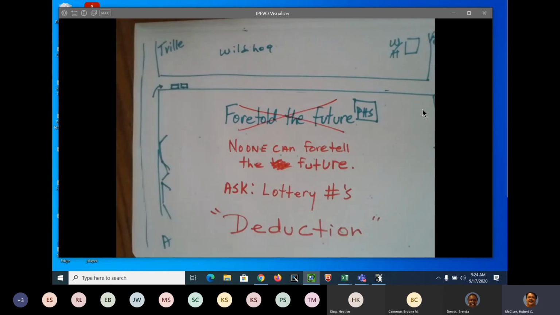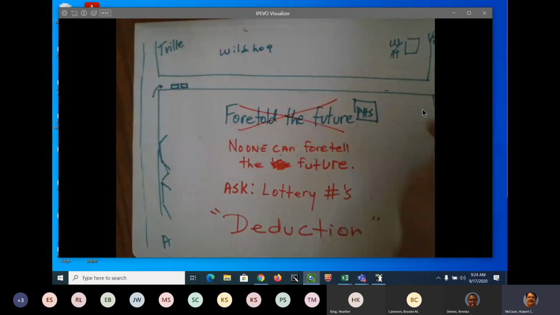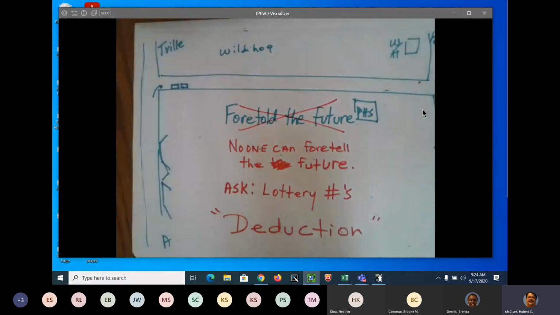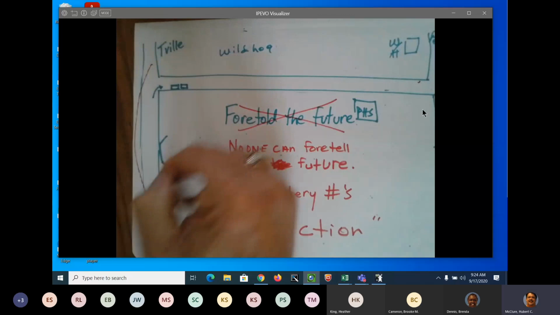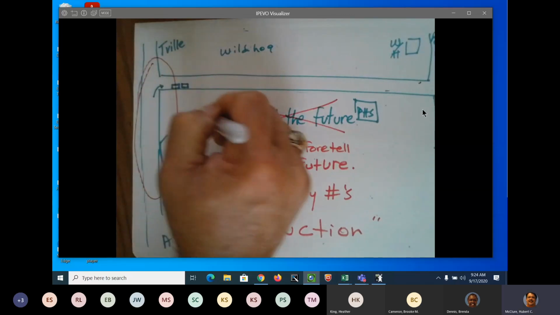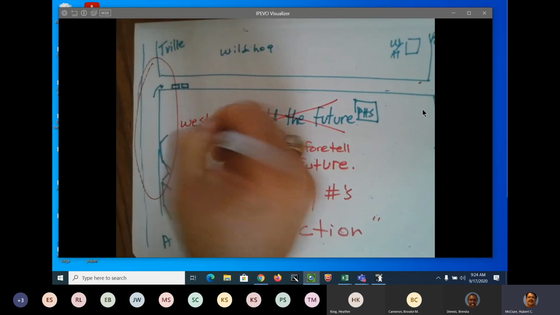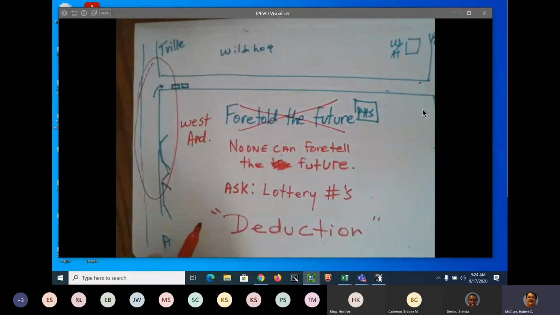Well, how do I know that you're going to turn left up here? Well, if you live in West Anderson, why would you be taking Wild Hog Road? Because you're either going to Pendleton or Clemson, or you're going to Sandy Springs.